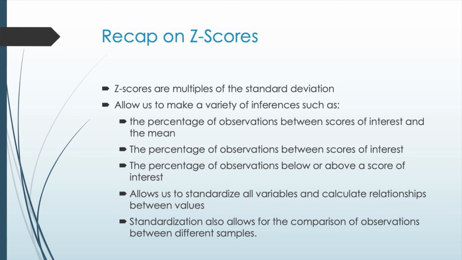We could calculate all of the variance between those, the percentage of observations below or above a score of interest. The primary thing worth noting here is that z-scores allow us to standardize all of our variables and calculate relationships between those values. And finally, standardization also allows for the comparison of observations between different samples, even across different times. So z-scores are really the heart of statistical analysis.